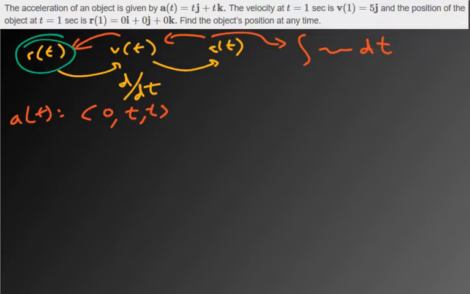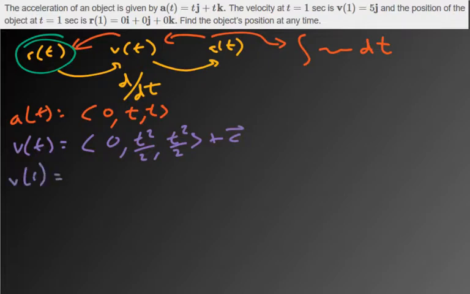So I'm going to integrate a of t to get v of t, and I would get t squared over 2 there, t squared over 2 there, and a constant vector. And we know that v of 1 has to equal 0, 5, 0. Right now, if you plug in 1 above, we're getting 0, 1/2, 1/2.